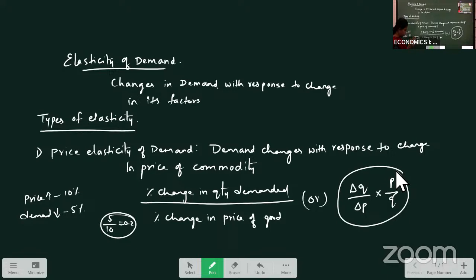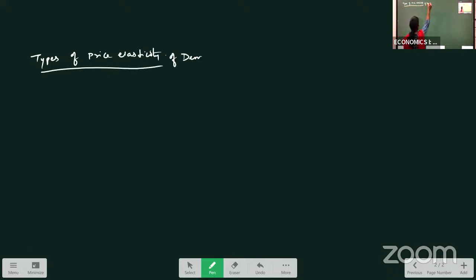Now let us see the types of price elasticity of demand. What is price elasticity?